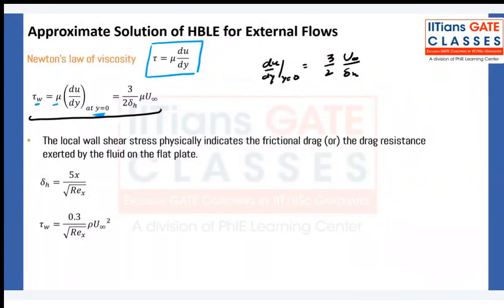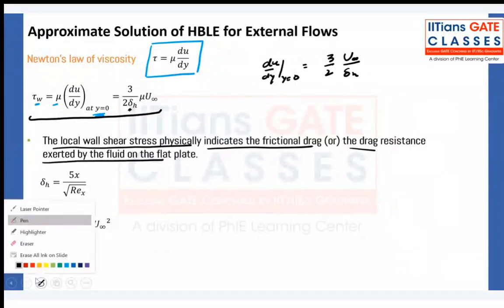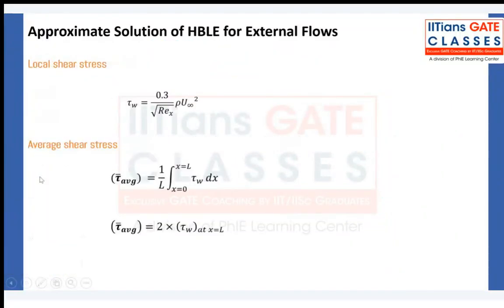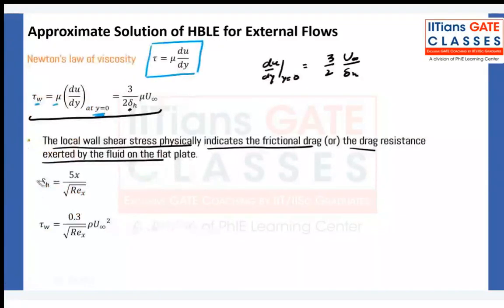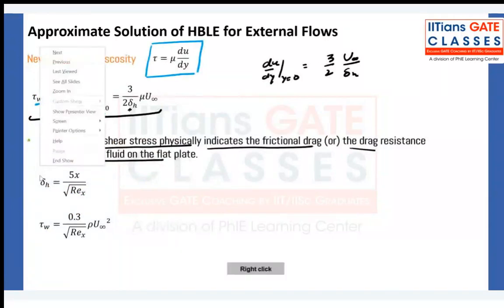Now this is the local wall shear stress. Physically, it indicates the frictional drag or drag resistance exerted by the fluid on the flat surface. Now I know delta H, I have defined it. What is this equation? Blasius equation. This is the Blasius equation.